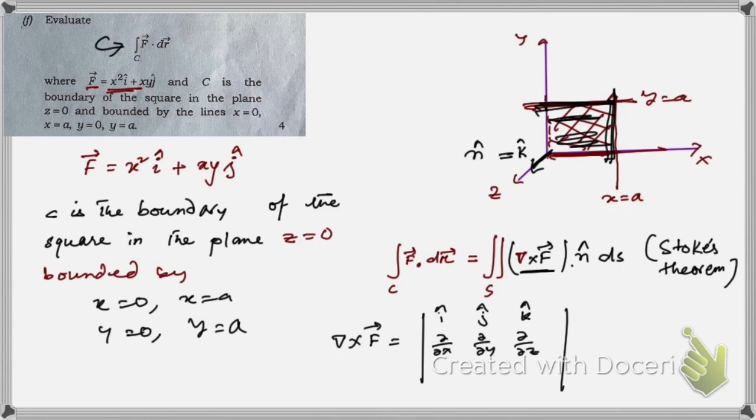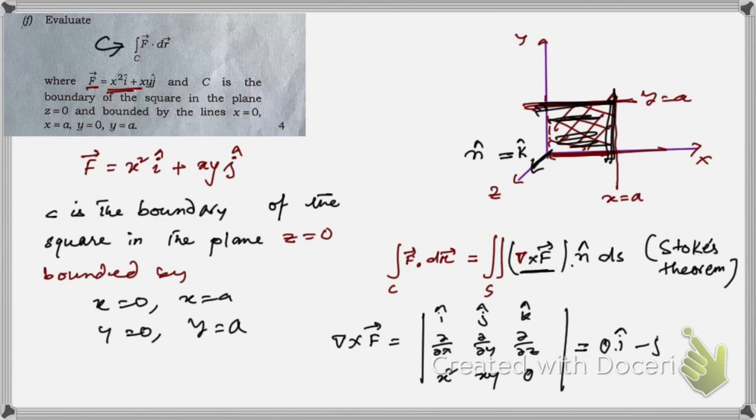And x square, xy, and here we don't have the z component, so it will be 0. If you expand it, for i cap, derivative of 0 is 0, and derivative of xy with respect to z is again 0. So we get 0 into i cap.